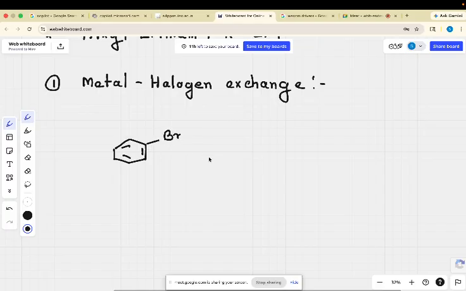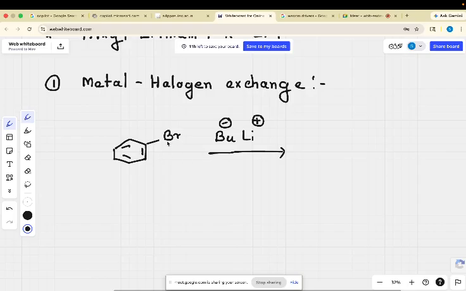This is bromobenzene, right? And suppose here I am giving this reagent, butyl lithium. So that means lithium is positively charged, butyl is negatively charged, right?